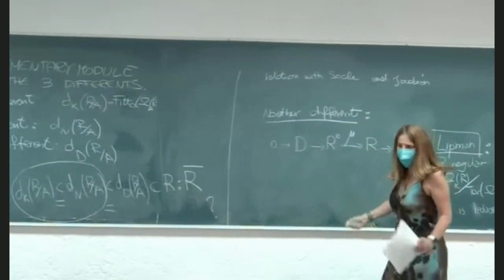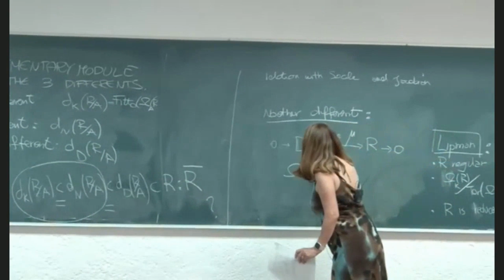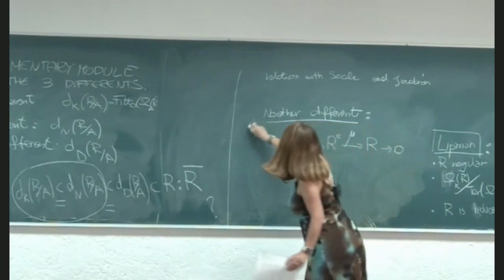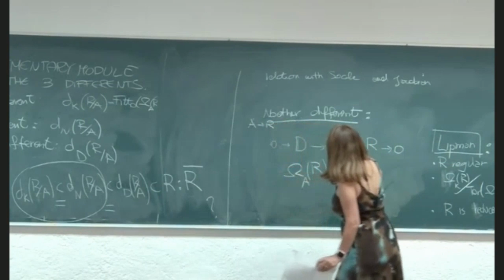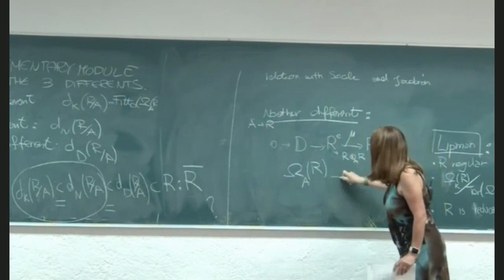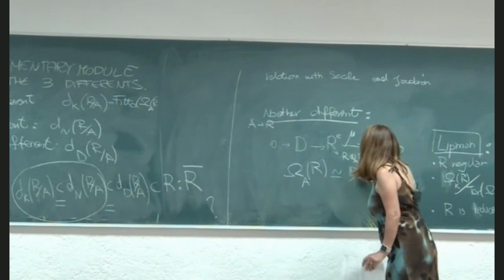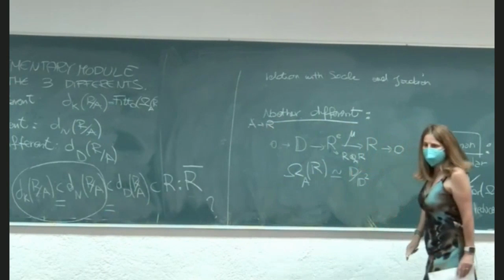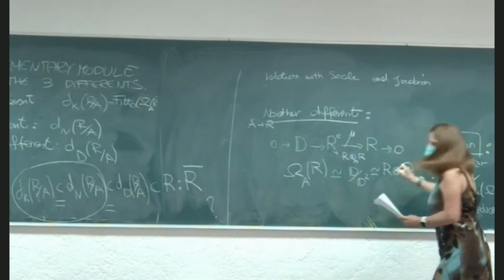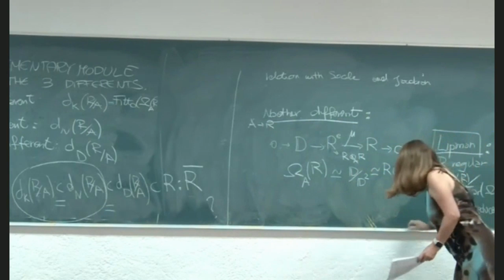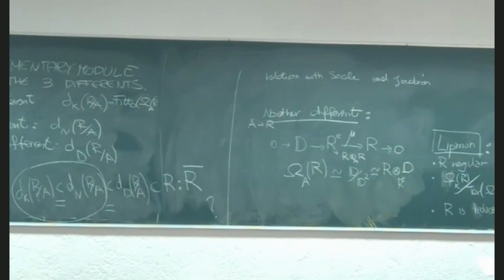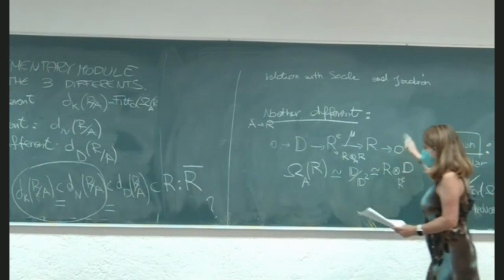And we had proven that the module of differentials of R over A is an R algebra, remember? This guy is R tensor over A of R. Okay? The module of differentials is simply isomorphic to D over D squared, okay, which you can also write as R tensor over R^e. Clear? So this is what we knew already.